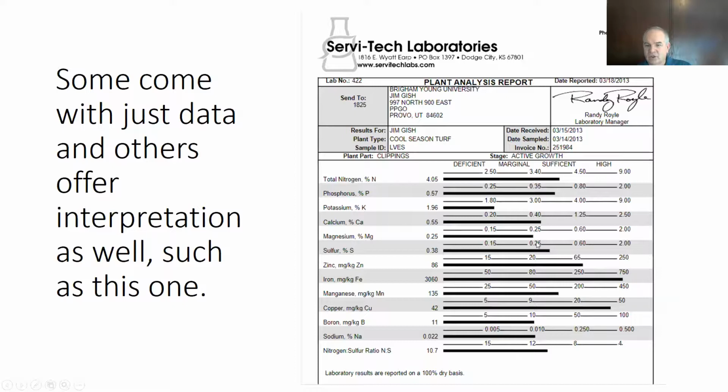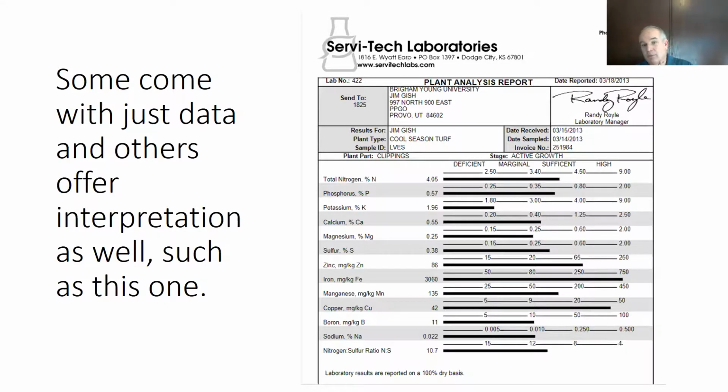Calcium, magnesium are good, sulfur's good, zinc's good, iron is pretty high, manganese is good, copper good, boron good, and sodium is good as well. So the only thing in this particular set of data would be the potassium. That would suggest we probably need to up our potassium in some way.